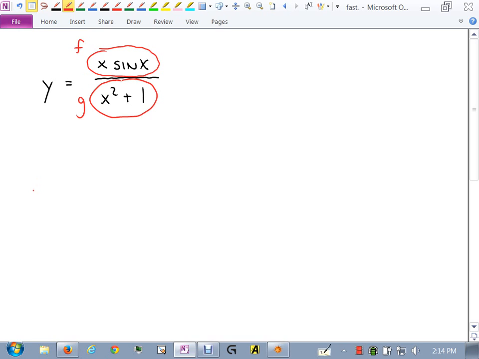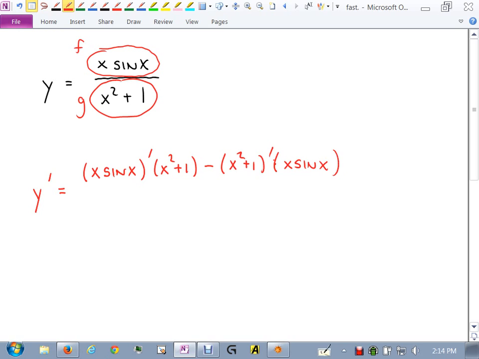According to the quotient rule, the derivative of that up there should be the F prime, so x sine x, whatever that derivative is, times the bottom, minus the G, but its derivative, times the F, all of this over the G squared.